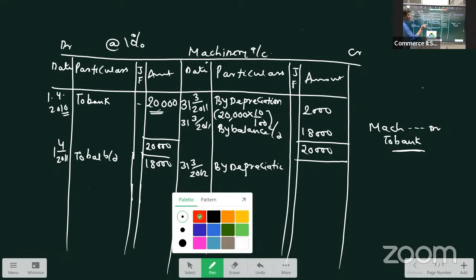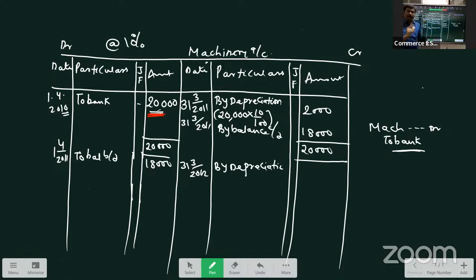So every year we will calculate depreciation on 20,000 only. So here again, I will be calculating depreciation on 20,000 only. 20,000 into 10 by 100, that is another 2,000, right?